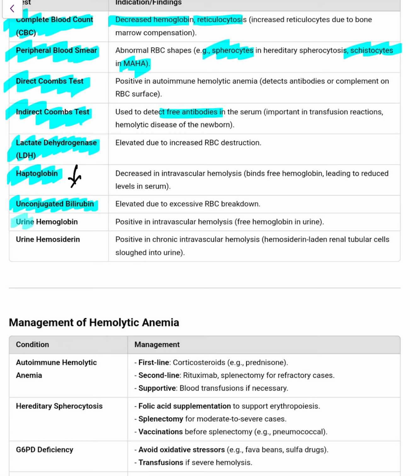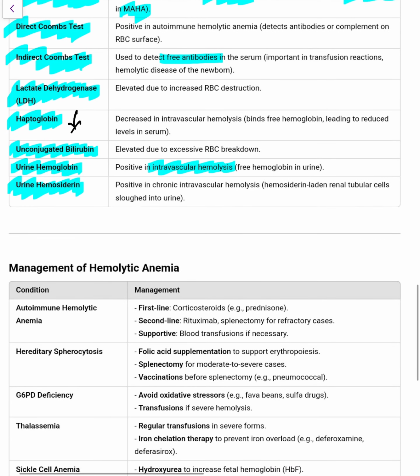Then urine hemoglobin will be increased, especially if there is intravascular hemolysis, there will be free hemoglobin. Free hemoglobin in the urine causes the change in the color of the urine. Next is urine hemosiderin also. So when more and more hemoglobin is there, hemoglobin will bind to each other and will cause hemosiderin.